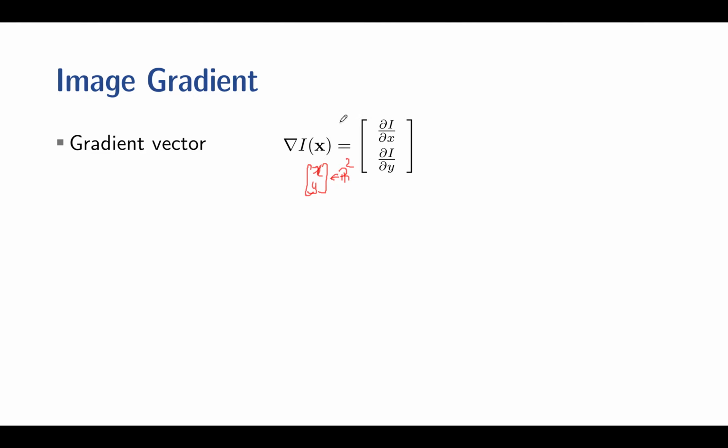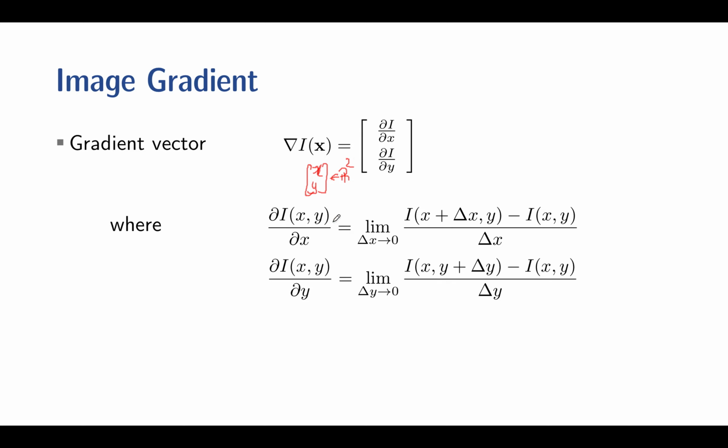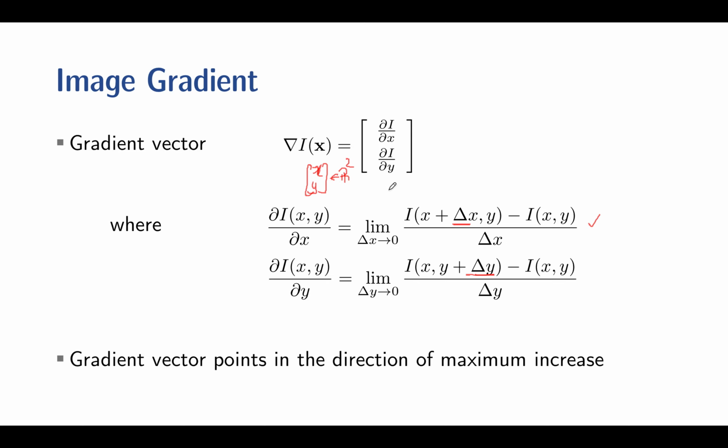That's the gradient vector. In the continuous case, to find the partial derivative in x, I take a step in the x direction and not in the y direction. To find the partial derivative in y, I take a step in the y direction and not in the x direction. Straightforward, right? That's the definition of the gradient vector.